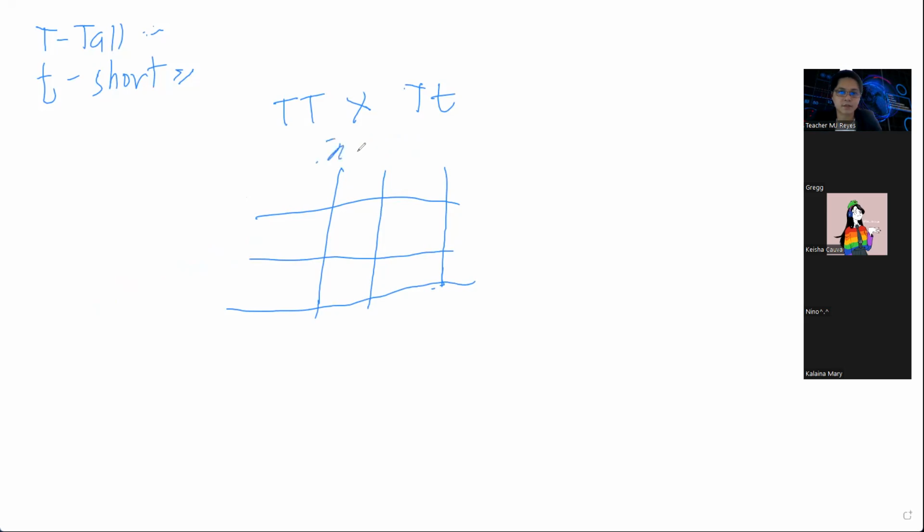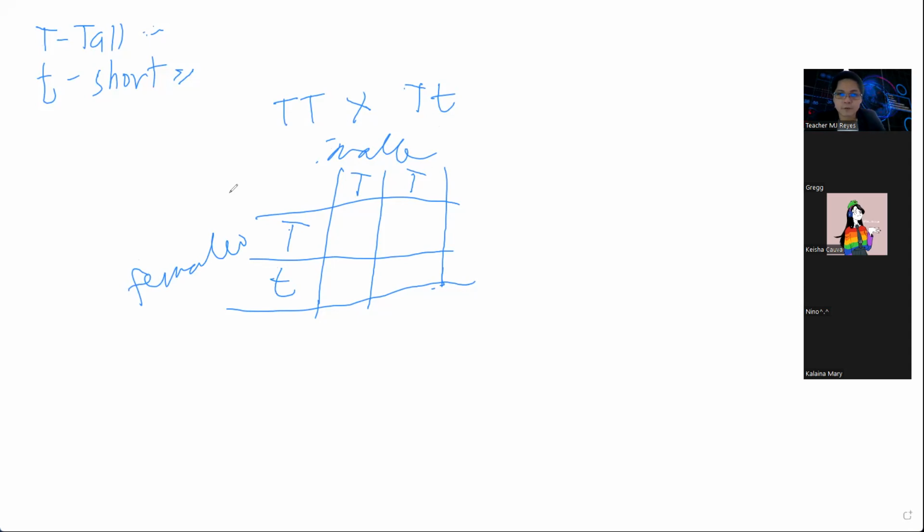This is male and this is female here. For male, we have homozygous tall. And for female, we have heterozygous tall. What could be the possible offspring?